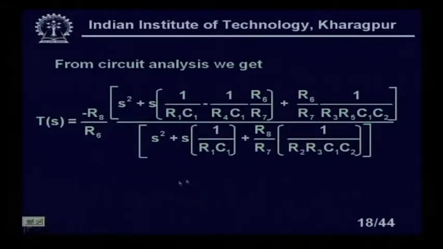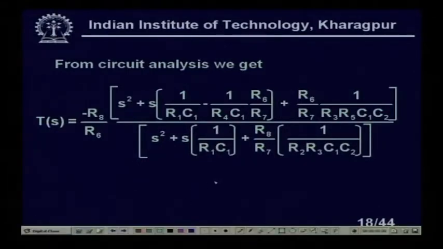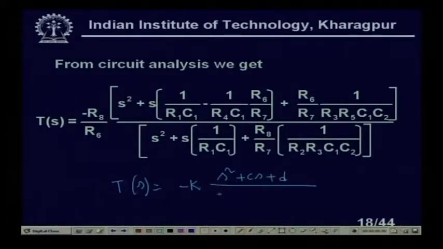One thing you see here which is very important is that this is very similar to the structure I can write: T(s) equals minus K times (S square plus C S plus D) over (S square plus A S plus B), is it not?